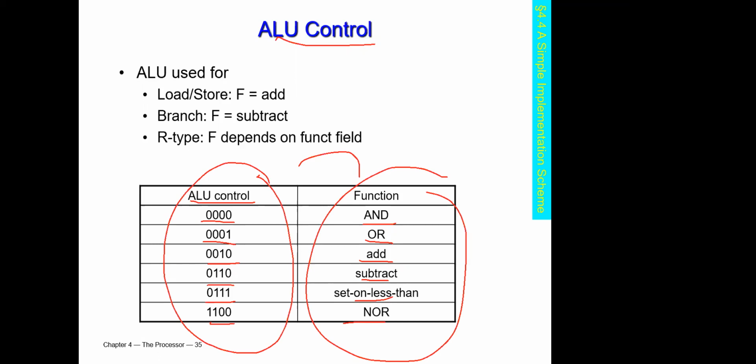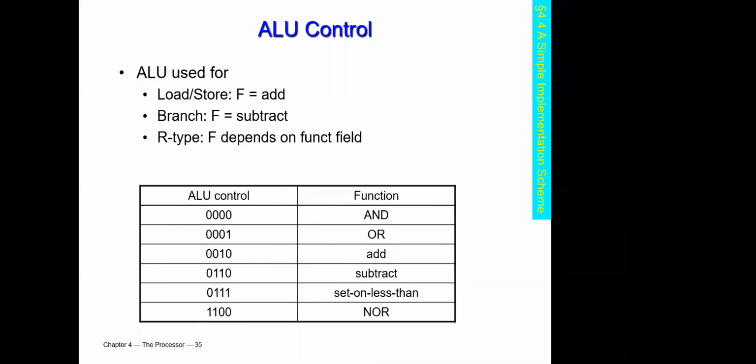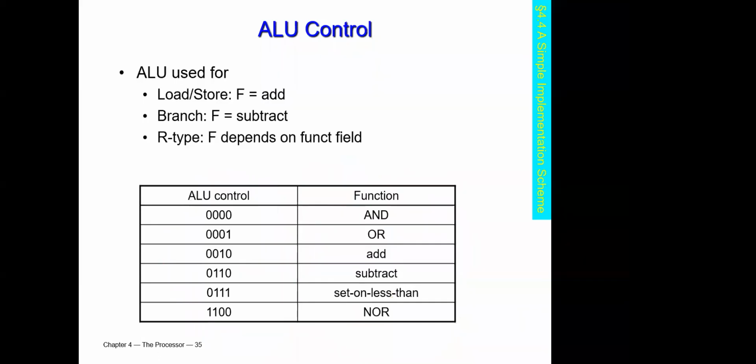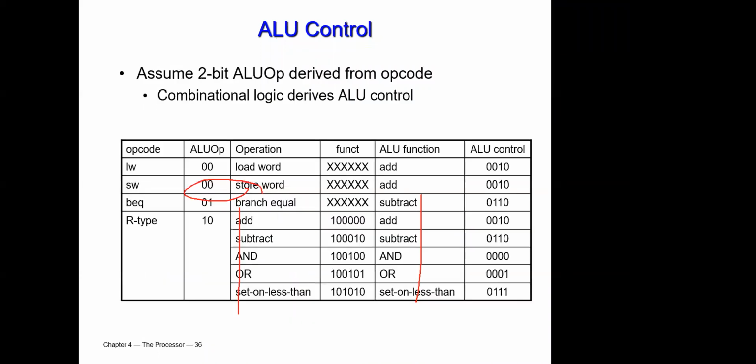In the lab, I don't have to give that because I know that you have access to the slides, correct? So you can go to the slides and extract all of the information needed from there. So look closely at that. Again, the ALU control, if it is this, will be the function. Okay, so that should be okay.